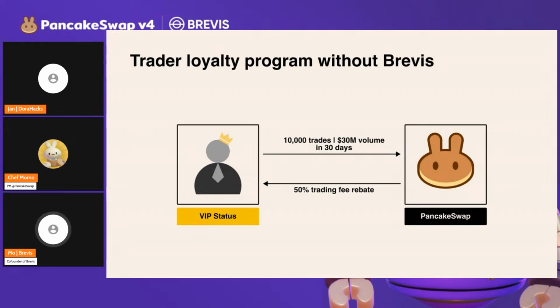This simple logic exists in every centralized exchange, but didn't really exist in any of the decentralized exchanges, like PancakeSwap before, because we built this entire architecture as a monolithic architecture. There's no way you can have this kind of plug-in functionality that customizes the user behavior and user experience based on their historical behavior. That's one reason: from a smart contract and DeFi protocol level, there's no possibility to do that.